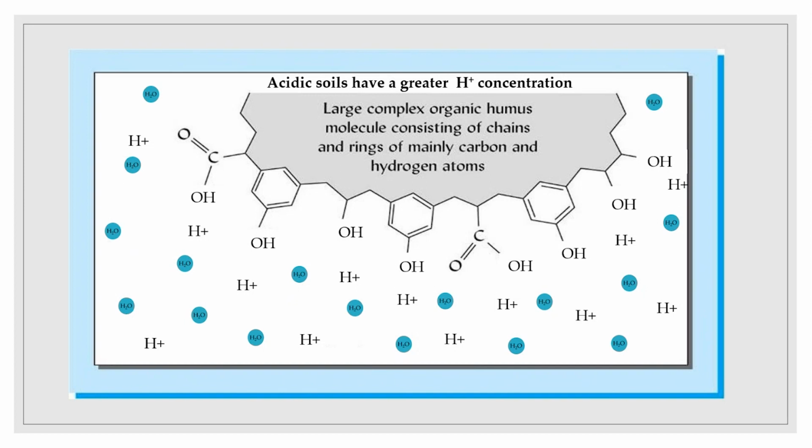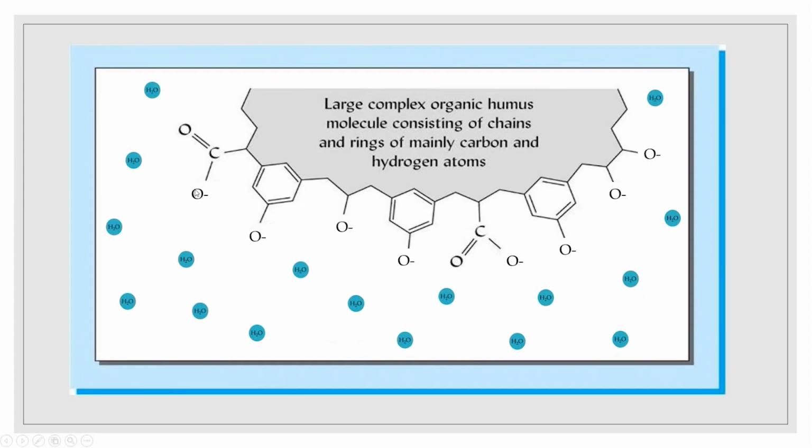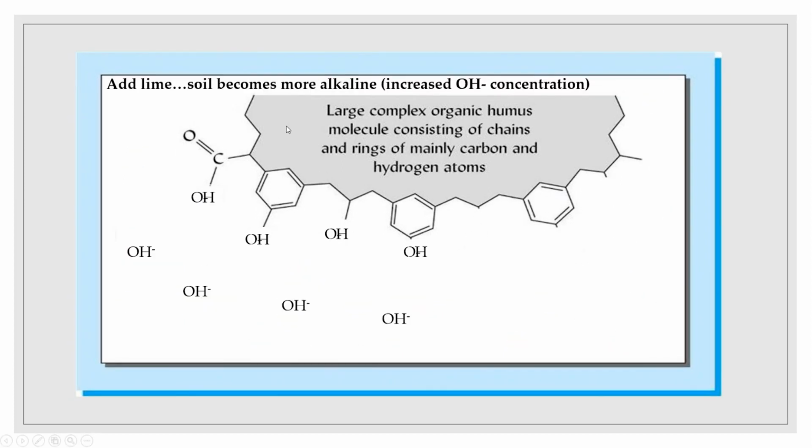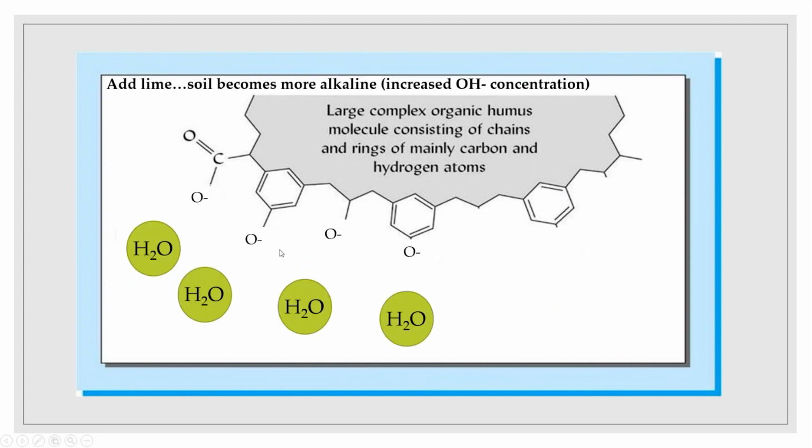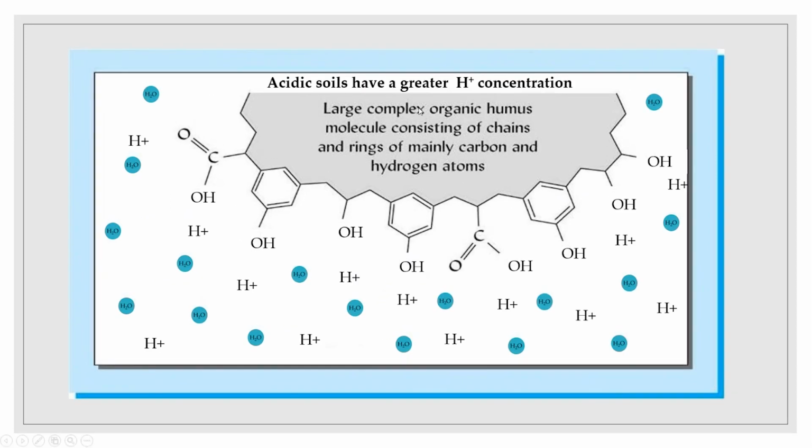It also increases right here. When pH increases, the CEC increases. When pH decreases or becomes more acidic, CEC decreases. Remember, we can only influence these functional groups of organic matter.